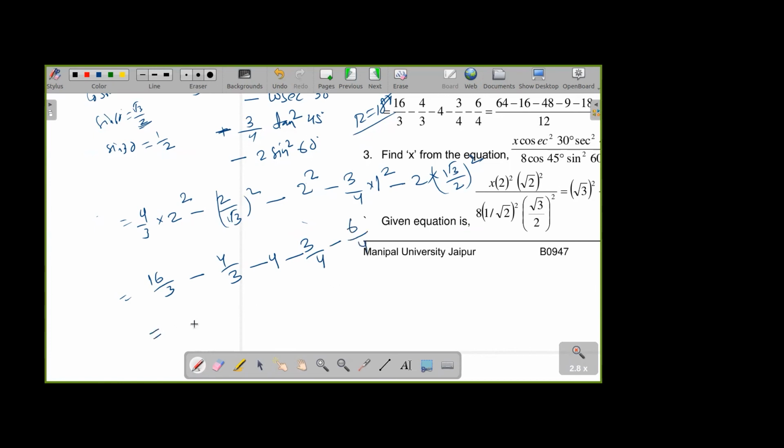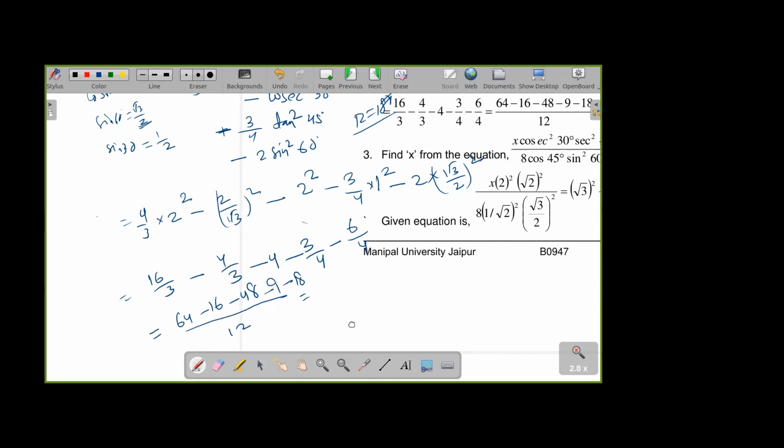Now it will be 12 and it will be 64 minus 16 minus 48. I'm not calculating, I'm cheating. You can see at the top right corner. So 64 minus 48 is 16. 16, 16 cancel out. Okay, answer I can also 16.